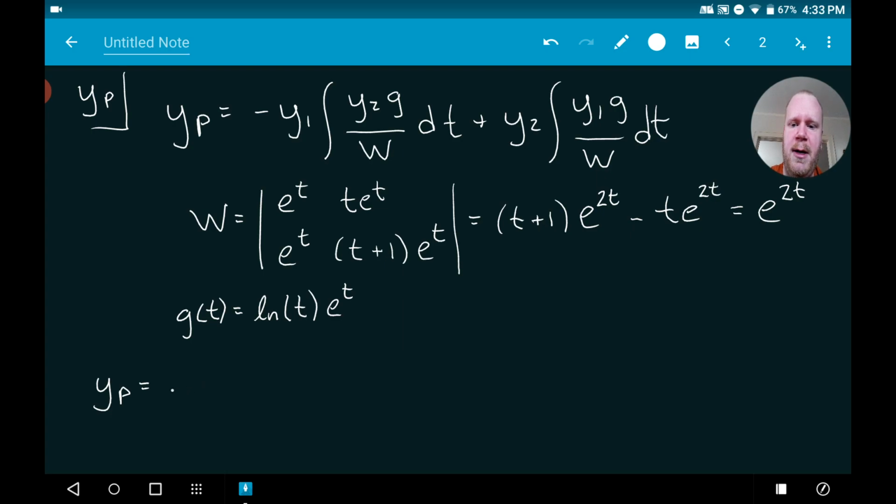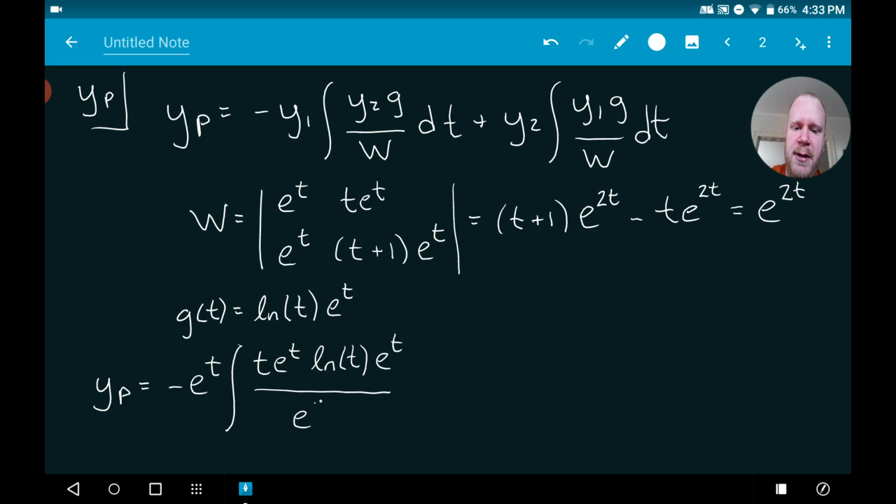Okay, so we've got negative e to the t times the integral of y2, which is t e to the t, times g, which is ln of t e to the t, divided by e to the 2t. That's nice.